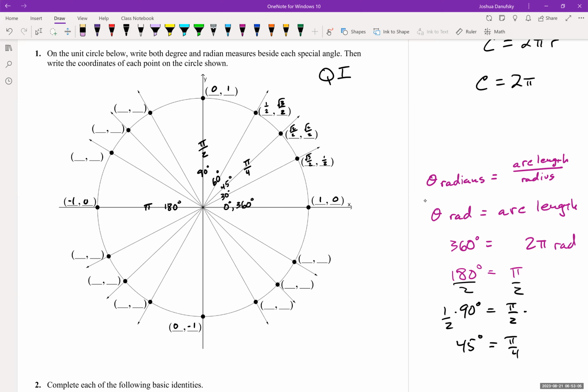We could go back to that 90, and instead of dividing by 2, we could divide by 3 or multiply by a third. That gives us 30 degrees is equal to pi over 6. So now we are at pi over 6 here. And once we have that, we can just start counting in terms of pi over 6 or pi over 4. I'll show you what I mean.